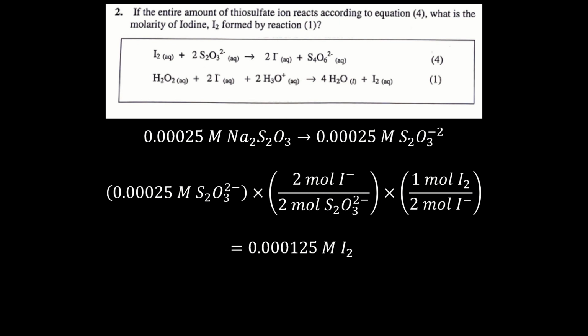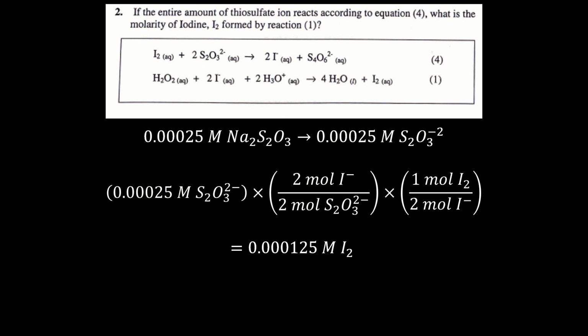Our starting concentration of thiosulfate anion is 0.00025 molar. According to reaction 4, if we use up all of that thiosulfate ion, that is going to form 2 moles of iodide ion for every 2 moles of thiosulfate anion that gets used up.